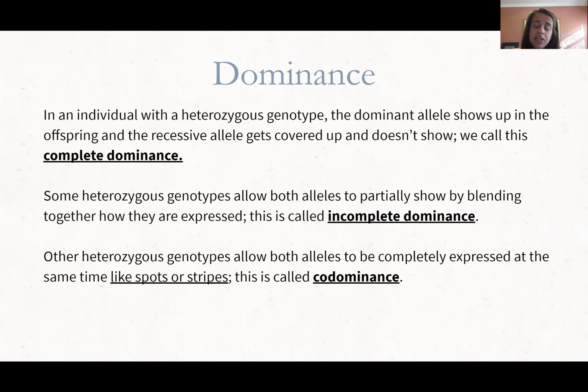And then codominance is when in heterozygous individuals we see phenomena like stripes and spots. So both alleles again are getting expressed, and it's resulting in more non-solid patterns.